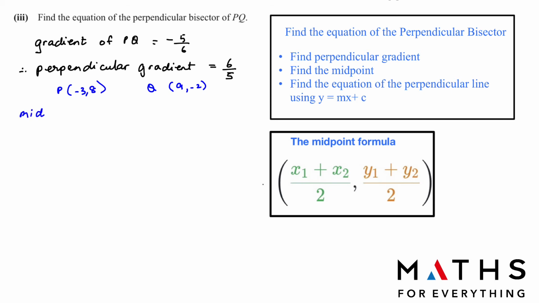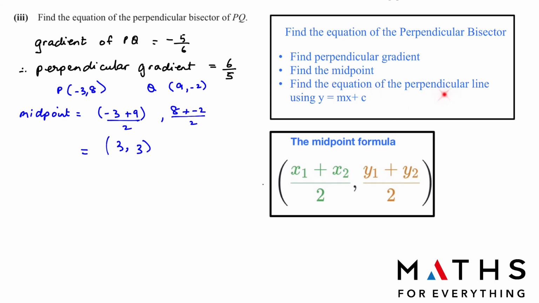Midpoint will be -3 plus 9 divided by 2. This will give you your x value. And 8 plus -2 divided by 2. This will give us the y value. So we will get 3 and 3. X is 3, y is 3.